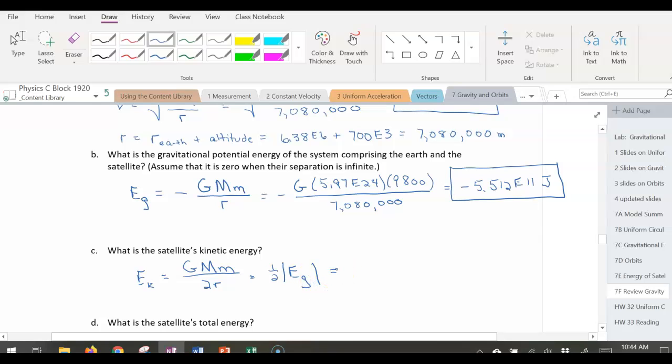So I don't need to plug those numbers in again. I'm going to take what I found in part B, divide it by 2, and make sure that the sign is positive. It's 2.756 times 10 to the 11th joules.